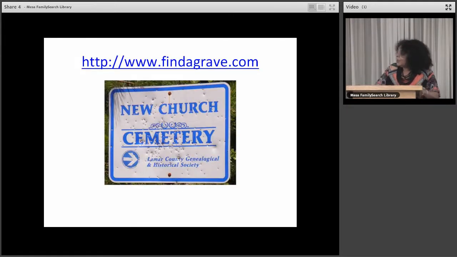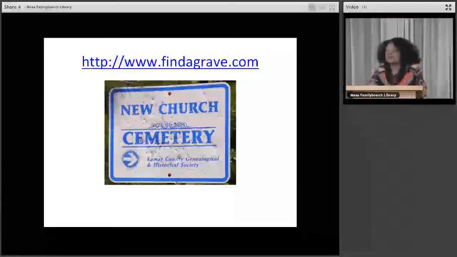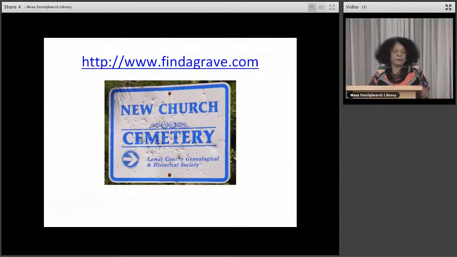Like I said, genealogical societies and historical societies, you want to contact them. This is a cemetery that I believe I have relatives buried in. The great-grandmother, who I can't determine who her dad is, his family was buried in this cemetery.